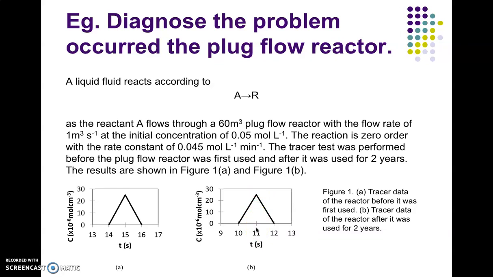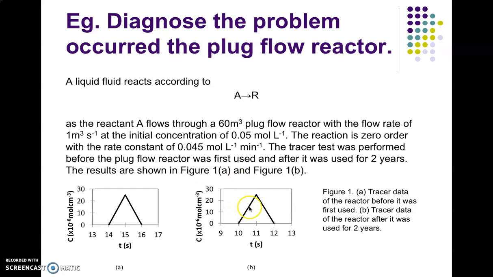We are only using the C curve to predict, but the actual calculation needs to be done to know exactly what the problem is or what the actual condition of your reactor is. Given a volumetric flow rate of 1 meter cube per second and 60 meter cube, you can easily calculate the initial tau as 60 over 1, which is 60 seconds.